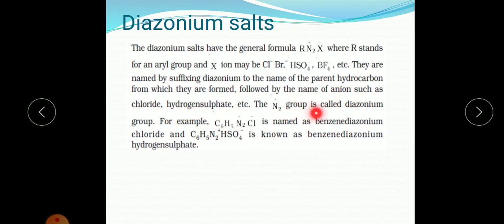The N2 group is called the diazonium group. For example, C6H5N2Cl is named as benzene diazonium chloride. So we have to study about this compound, benzene diazonium chloride.